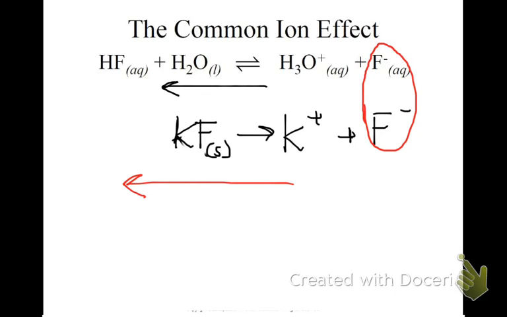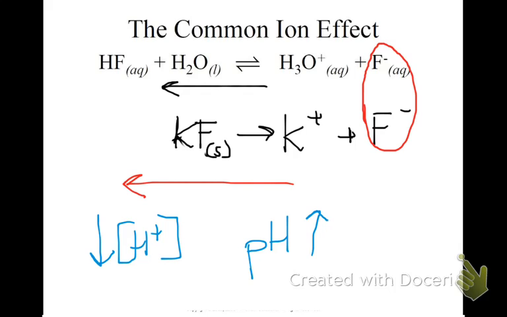So to begin with, this solution, when it was just the hydrofluoric acid, had a pH, whatever that pH was. And the pH, of course, is due to the concentration of the H+ ions. So if we add fluoride, that's going to drive the equilibrium even farther to the left, which is going to lower the concentration of the H3O+, which means that the pH will go up.